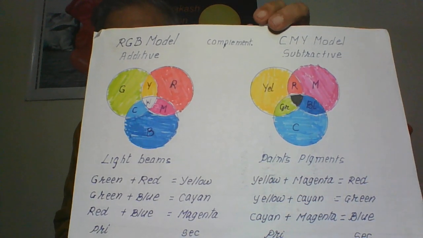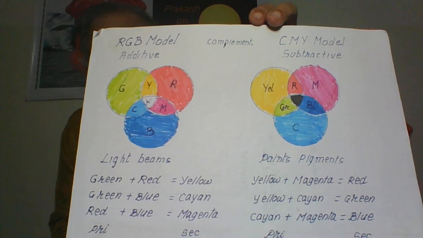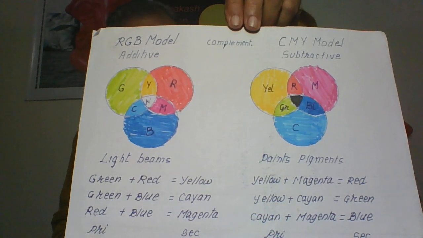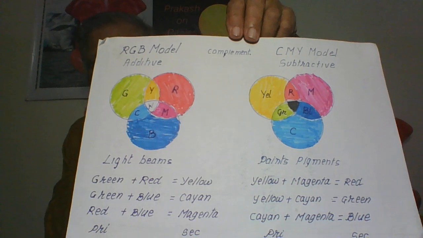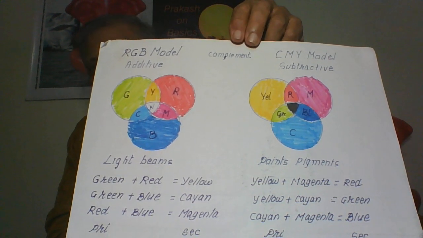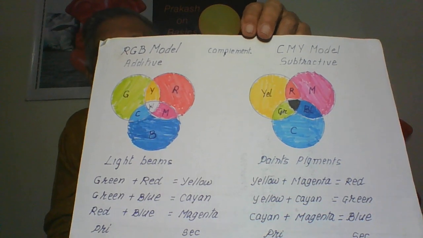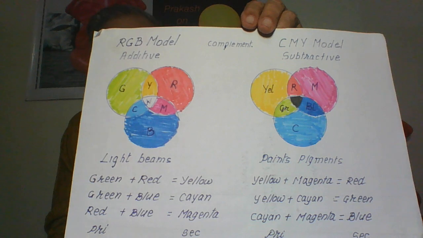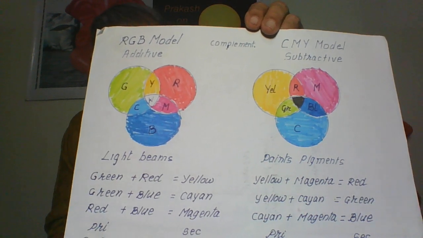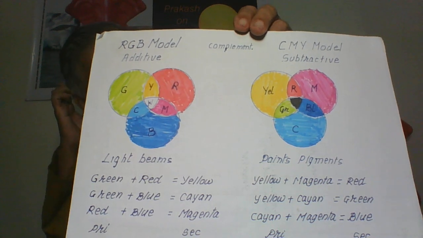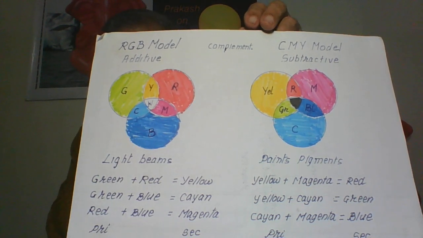Okay, so what you have is the CMY model and the RGB model, both represented side by side. Both these models are complementary to each other. RGB is an additive model. It uses light sources for it to work, whereas the second one, which is the CMY model, is a subtractive model.